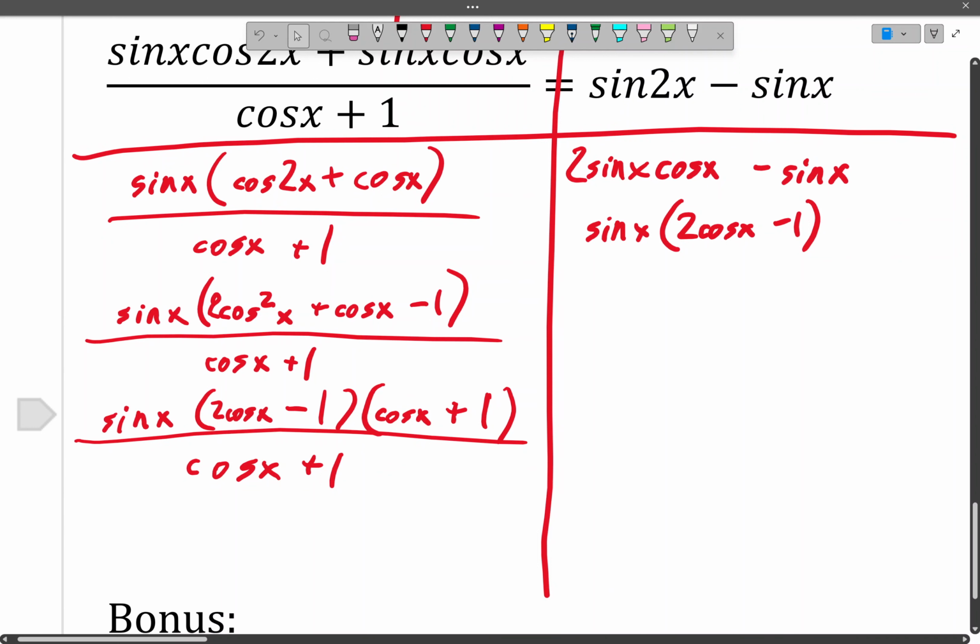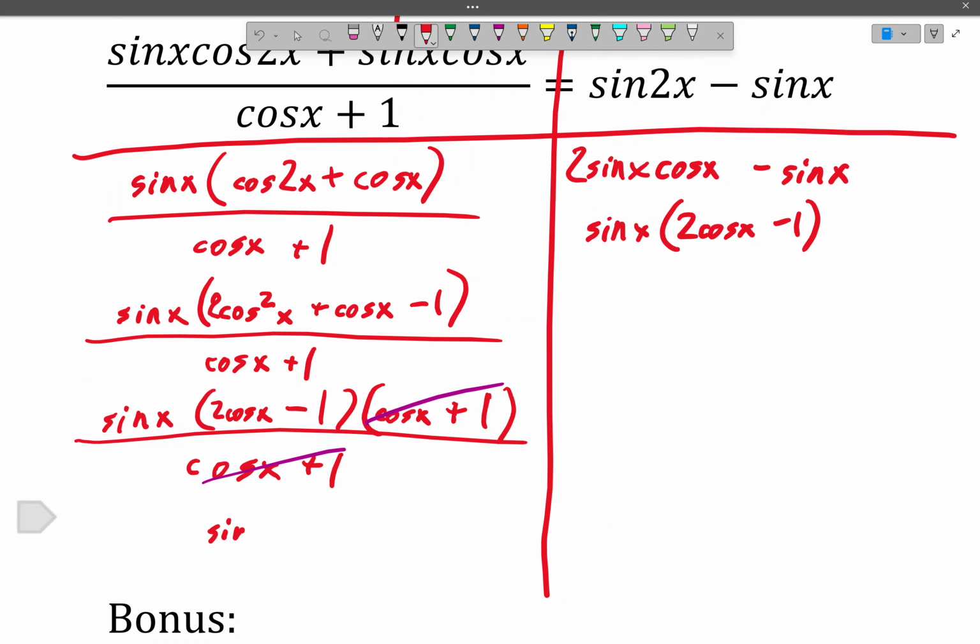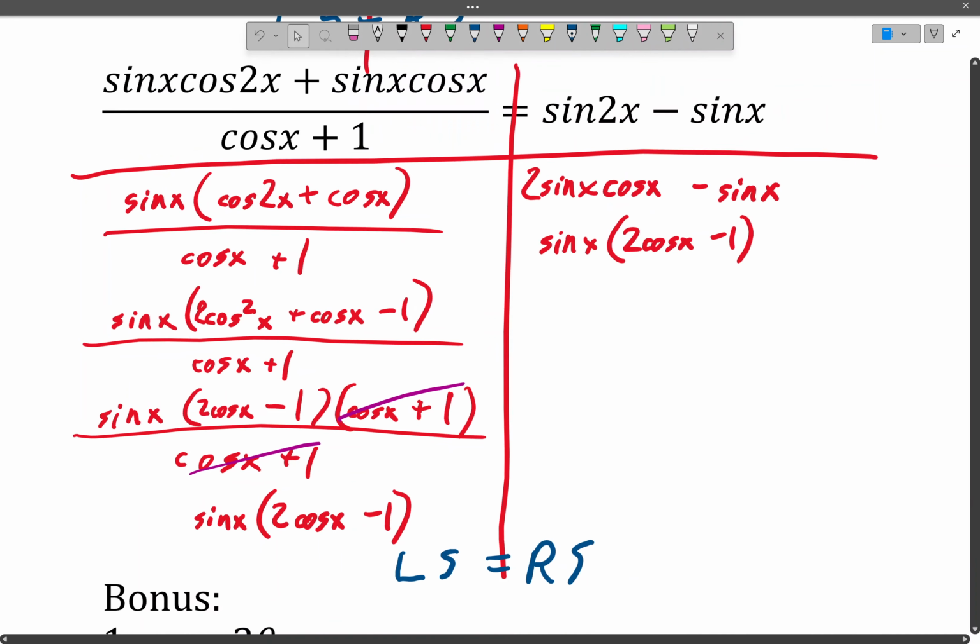Okay, so now that we have this, we can see something wonderful happen. These two cancel. And so finally, our statement is sine x times 2 cos x minus 1, which matches with the other side. So left side equals right side.